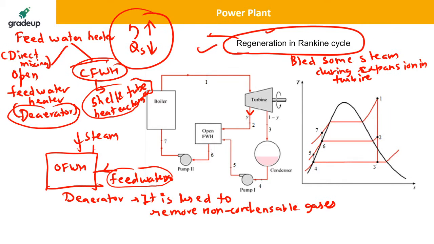Those non-condensable gases will be released with the help of a vent in the open feed water heater. That is the purpose of the open feed water heater as a deaerator. So in a steam power plant, we use at least one deaerator or one open feed water heater. That is the minimum requirement.